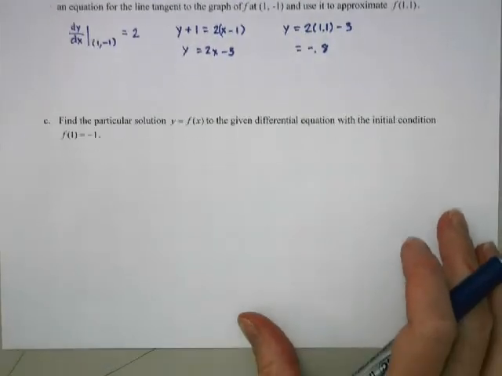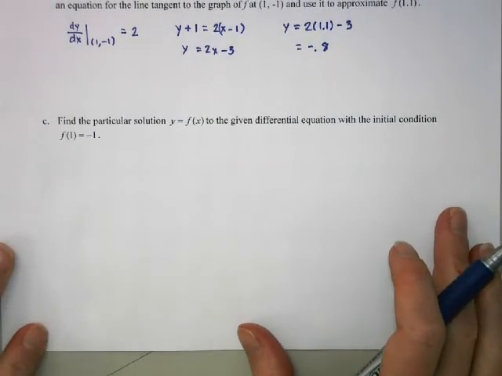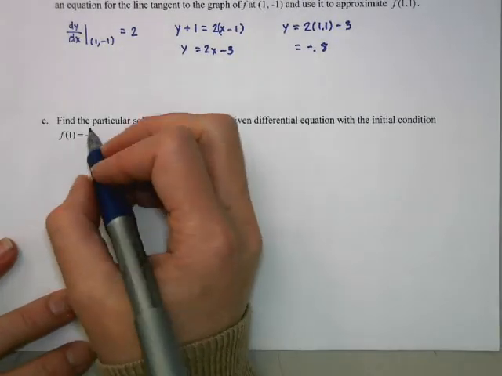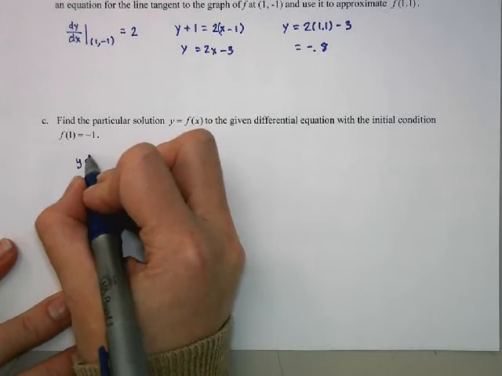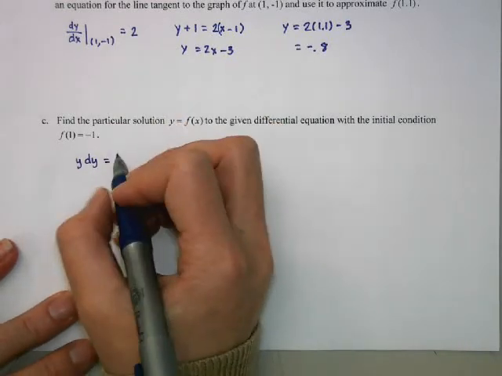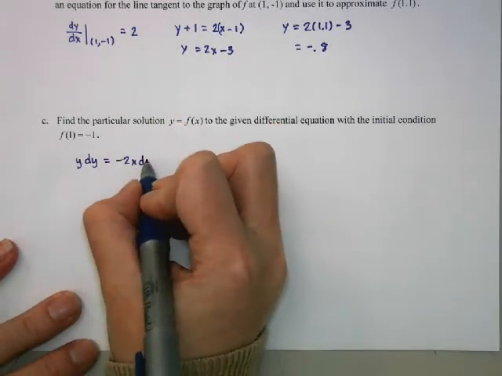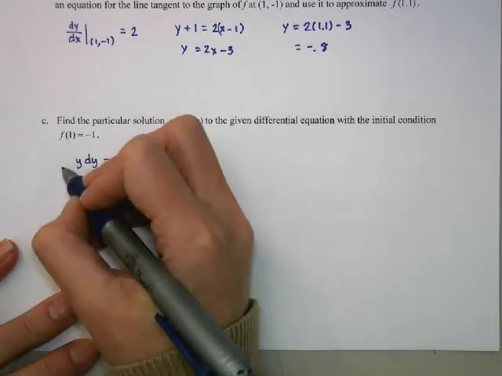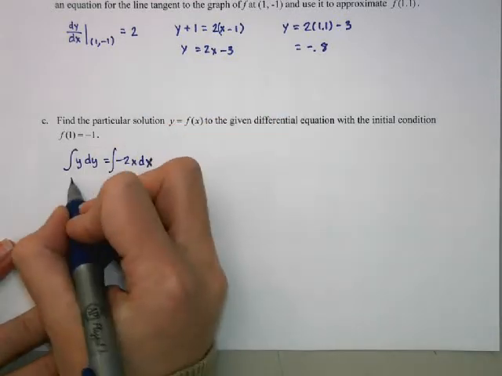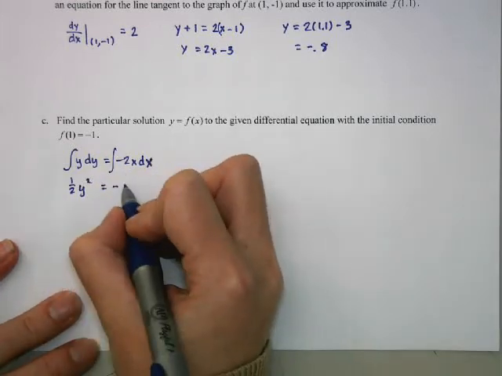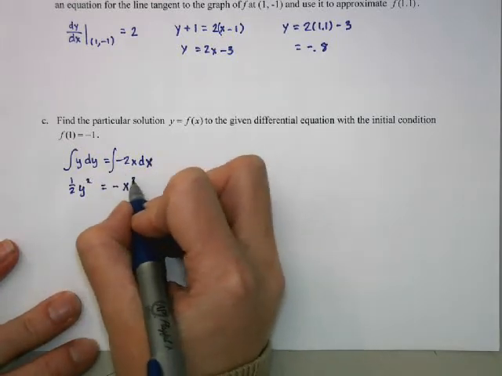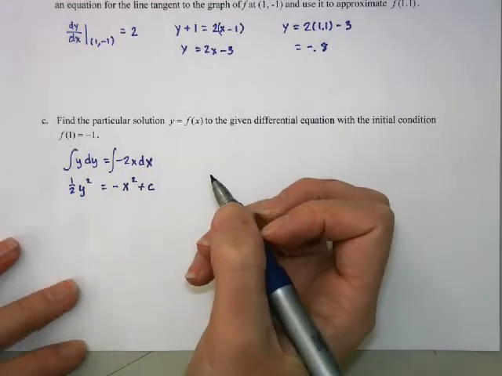The last part of this problem is asking for the particular solution. So we're going to separate our variables. So we're going to have y dy equals negative 2x dx. So again, we have 1/2 y squared equals negative x squared plus c.